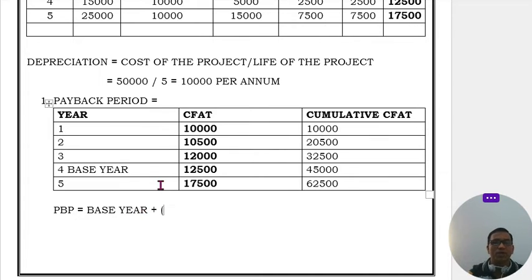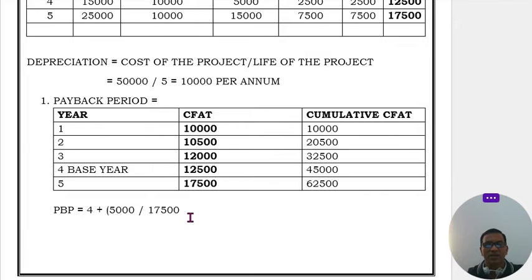Base year is 4. Up to 4 years we recovered 45,000 and still 5,000 is to be recovered, that is cost of the project 50,000 minus 45,000. 5,000 divided by the 5th year CFAT, that is 17,500.